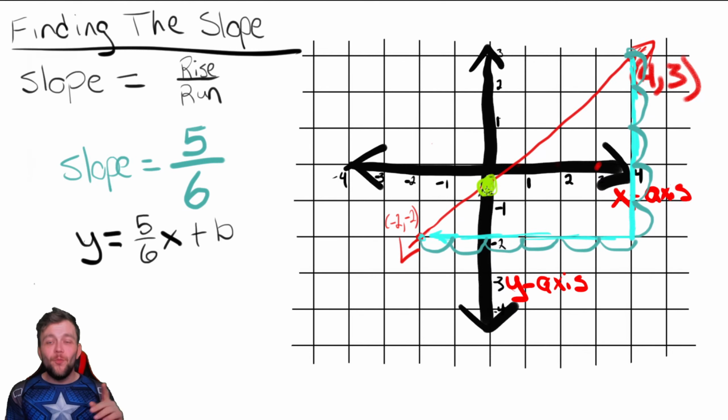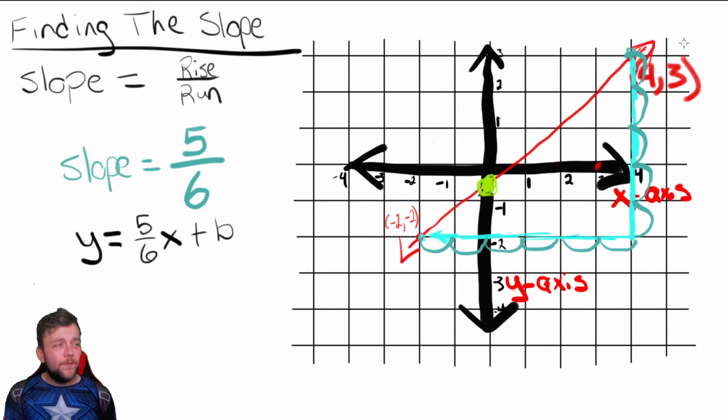But I'm asking you where it crosses your y-axis. So how do we go about it, right? How do we figure out our y-intercept? Well, the first thing that we do is that we've already found our slope, so we take one of the 2 points that we were given.